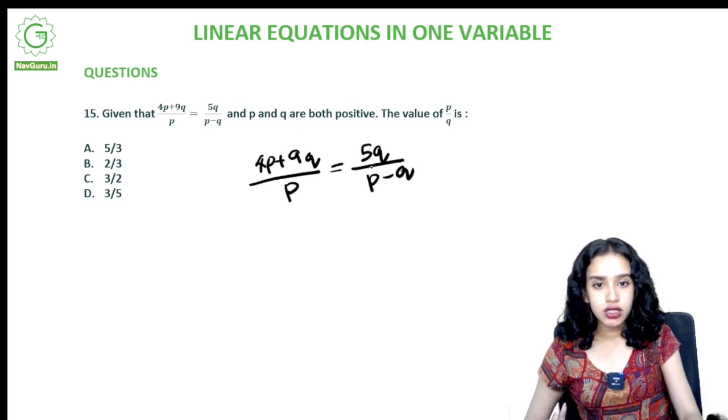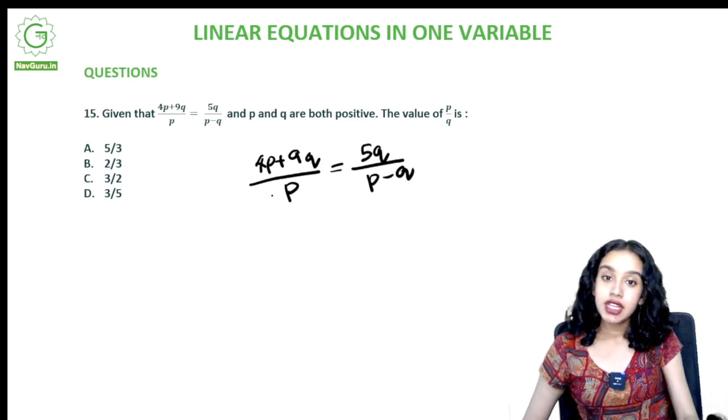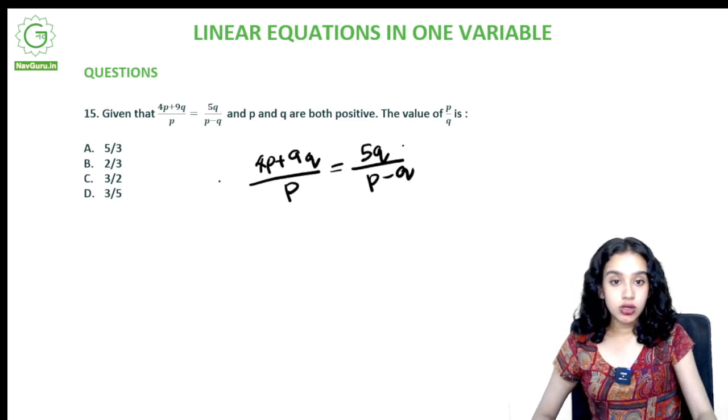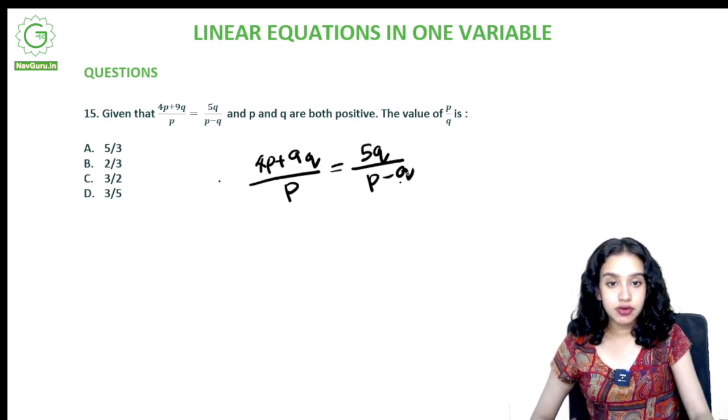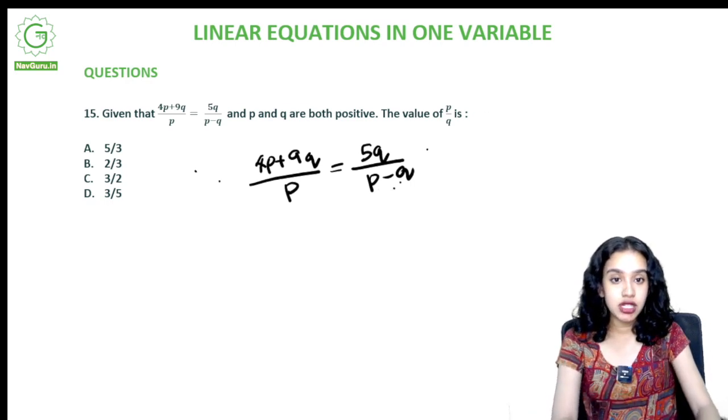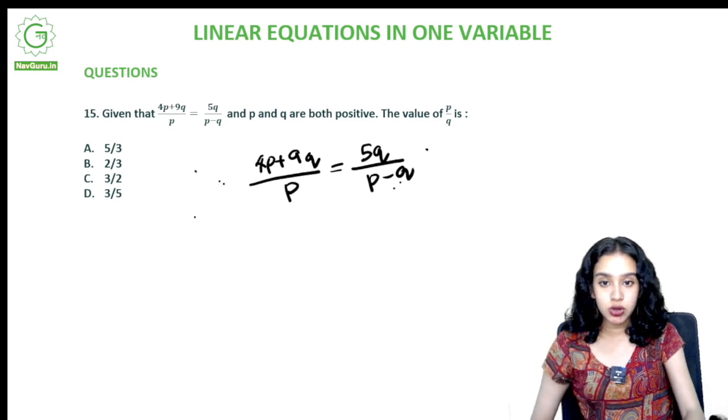So what do we do here? We just cross multiply. Why do we cross multiply? Basically, I am taking this p minus q to this side. That is, I am multiplying p minus q on both sides.